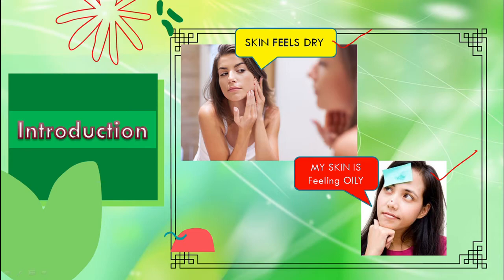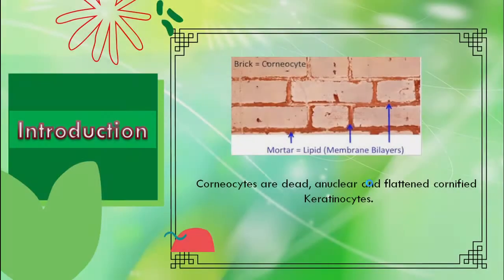As we had talked about the bricks and mortar model in the study of stratum corneum, we had said that corneocytes form the bricks whereas a blend of lipids forms the mortar. Guys, what are corneocytes? Corneocytes are dead, anuclear and flattened cornified keratinocytes.